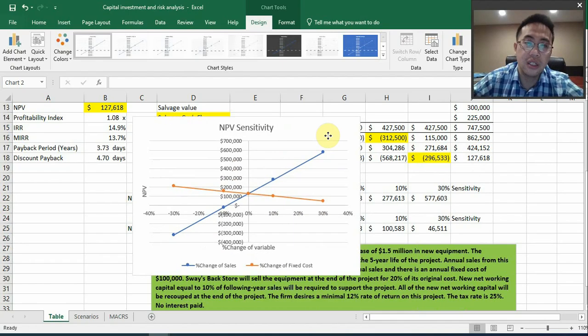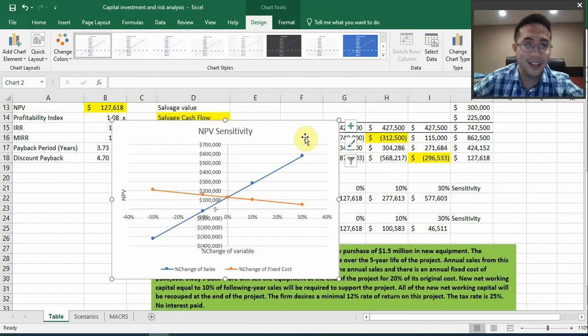If we have to give up one of the variables, then we should give up the change of fixed cost because it is less important compared to the sales. If we want to focus on something, definitely the sales should be our priority. We want to increase our sales so we could have more profit and more NPV generated.